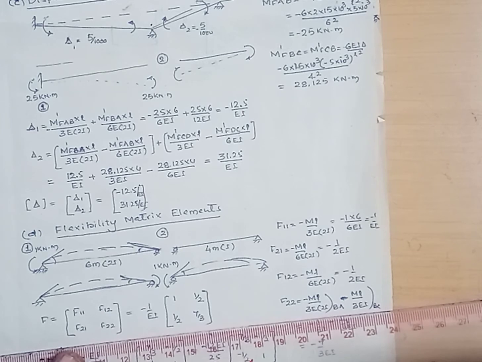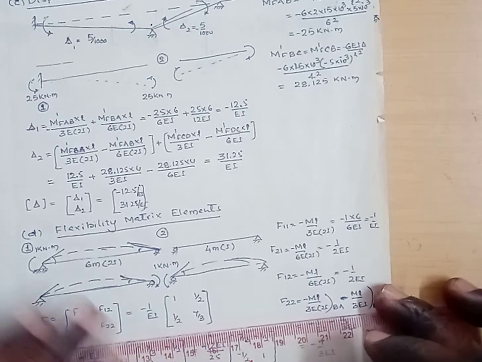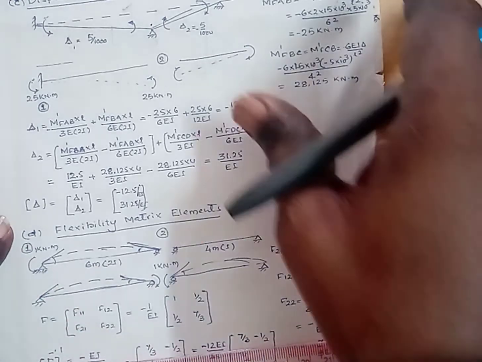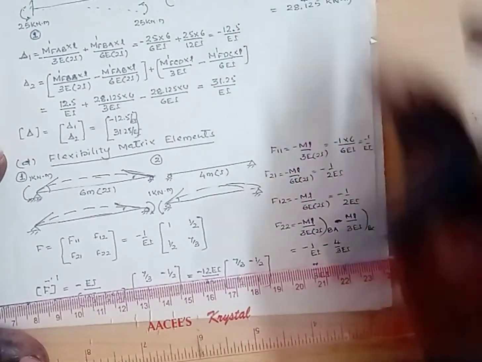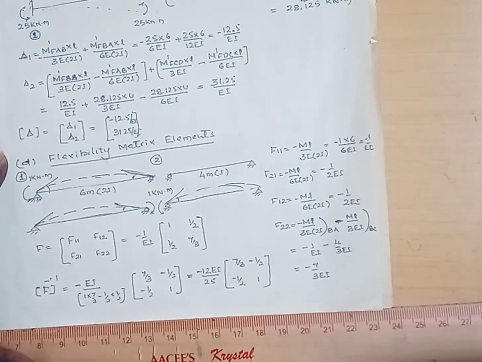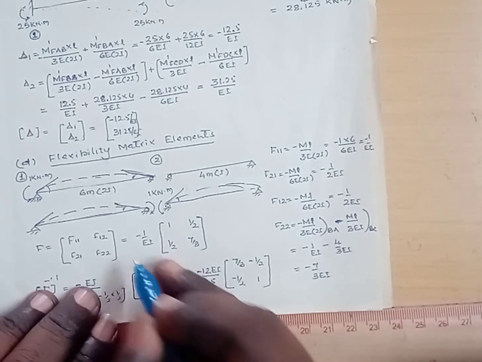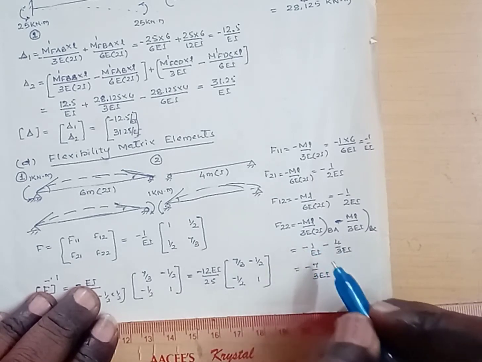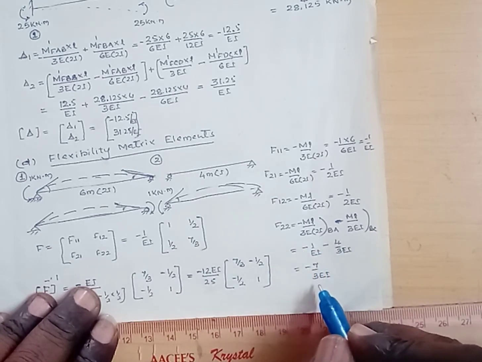You have to verify whether it is correct or not. Then at 2, in span AB it is ML by 3EI, and in span BC ML by 3EI. By substituting the values of length and the moment of inertia for the two spans AB and BC, we will get the flexibility element F22 as minus 7 by 3EI.